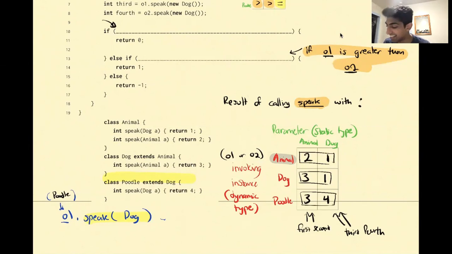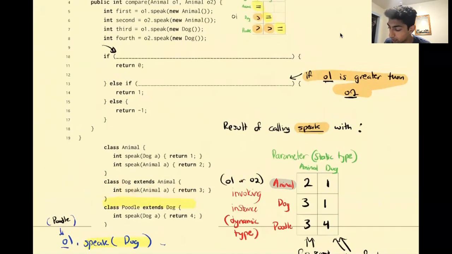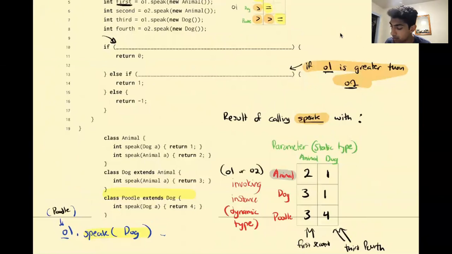Okay, so what does that mean? Well, we know that first corresponds to this column on O1, right? If we look at second, it corresponds to this column on O2.